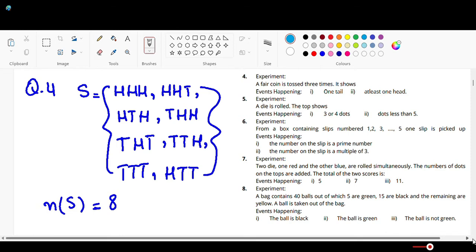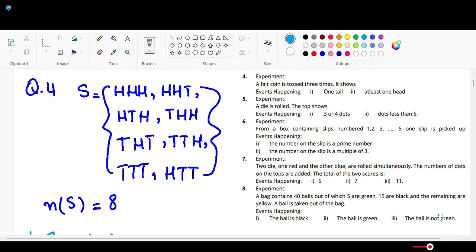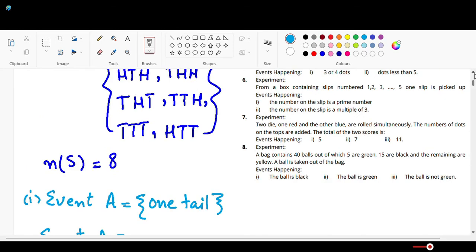So event A is the set of those outcomes. Let's look at the options over here.